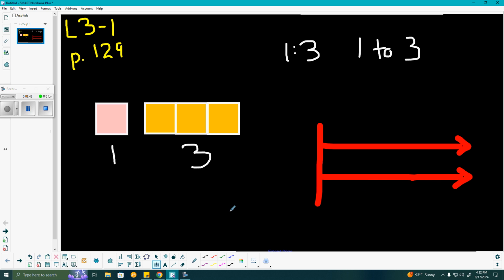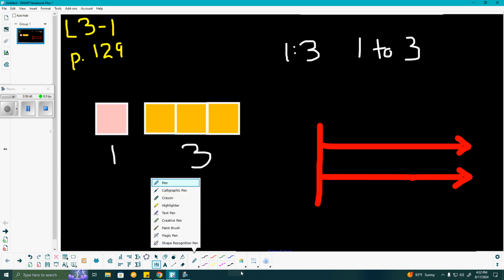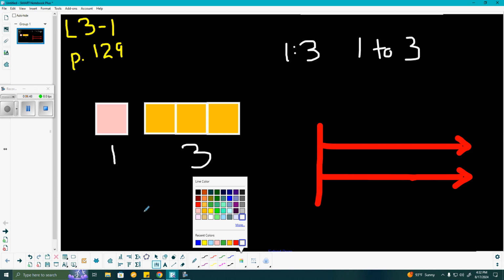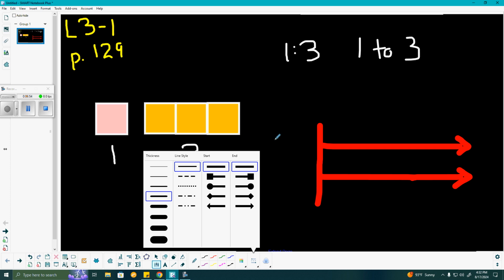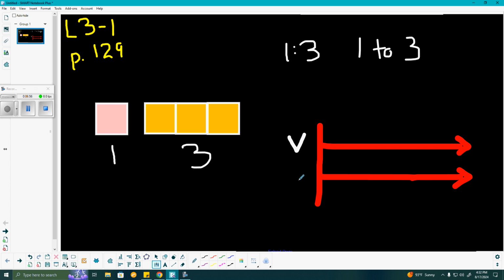When we compare on a double number line, make sure that you keep in order the words that we're comparing. So for example, we're comparing the vinegar to the olive oil. So vinegar comes first, or is on the top, and olive oil comes second, so it is on the bottom.